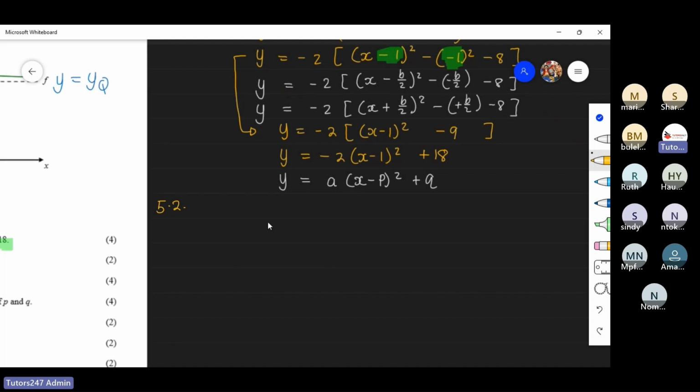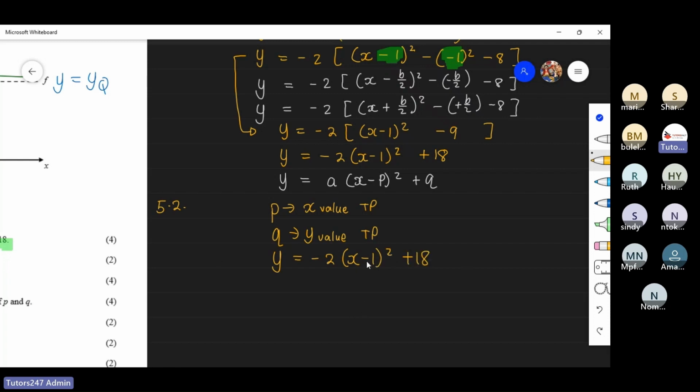Let us extract. Keep in mind, P represents the X value of your turning point, and Q represents the Y value of your turning point. So we have the equation y is equal to minus 2 into x minus 1 squared plus 18.